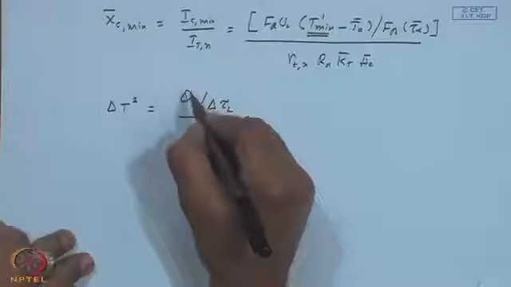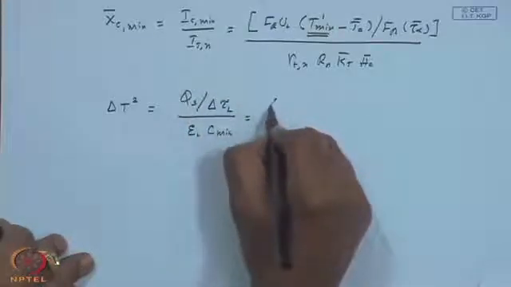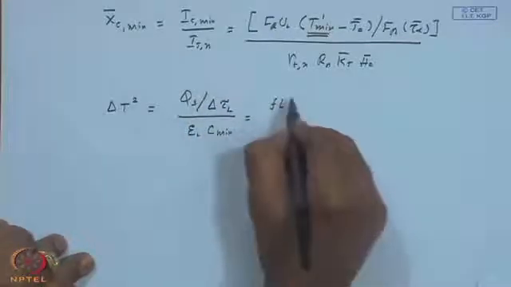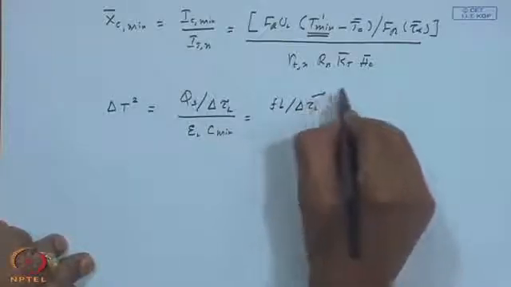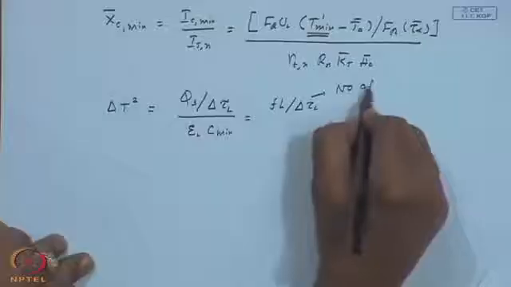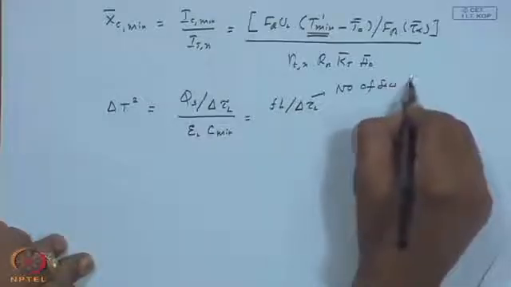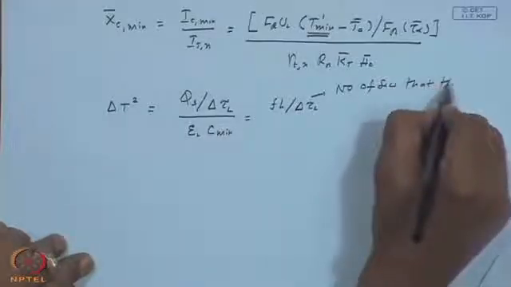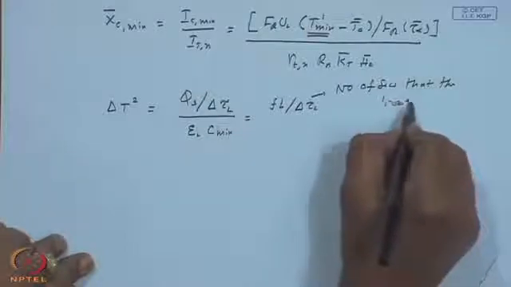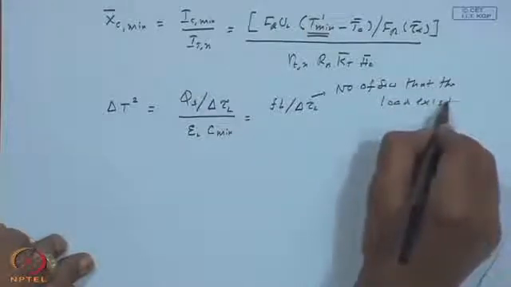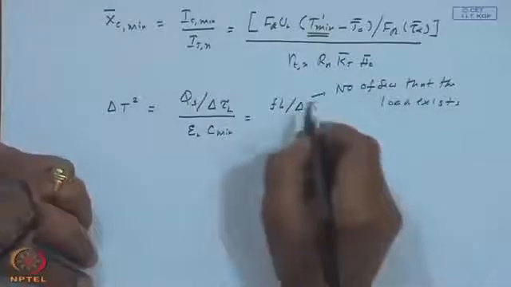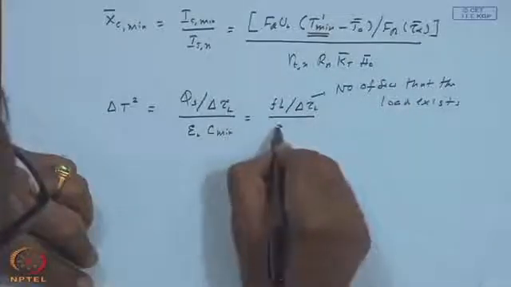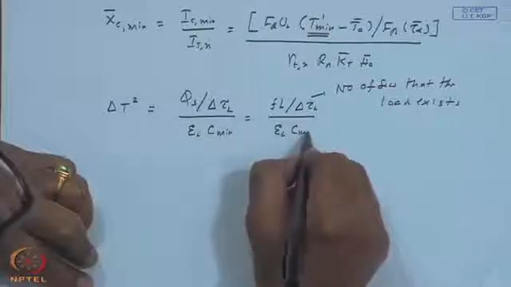The energy that is going to meet the load on the system is F times L divided by delta tau L, the number of seconds that the load operates, that the load exists. It may not be 24 hours, it may be, let us say, 12 kilowatts for 12 hours a day, by epsilon_L C minimum.